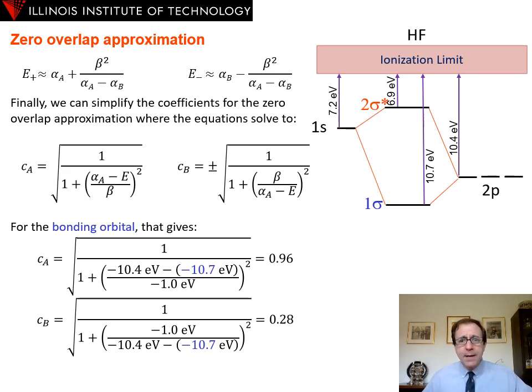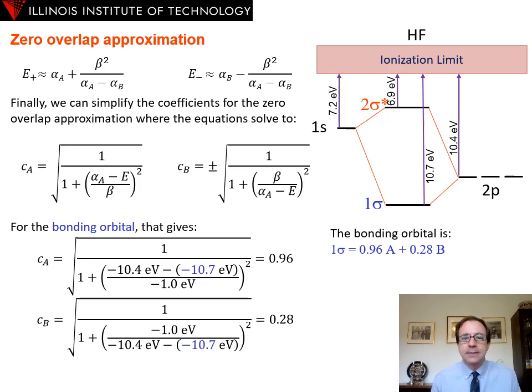Then we can build our wave function, and we can see that the 1 sigma orbital's wave function is equal to 0.96 times A, which is the fluorine's 2pz wave function, plus 0.28 B, which is the hydrogen's 1s wave function. So that is how we calculate the wave function for the bonding orbital in the zero overlap approximation.